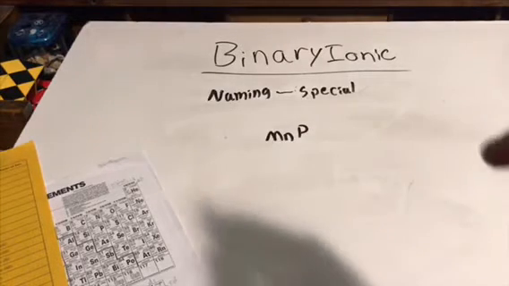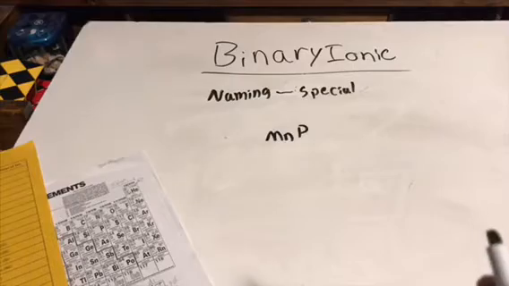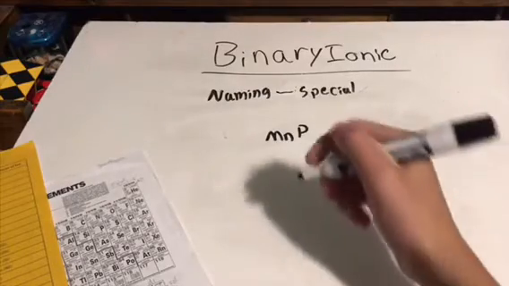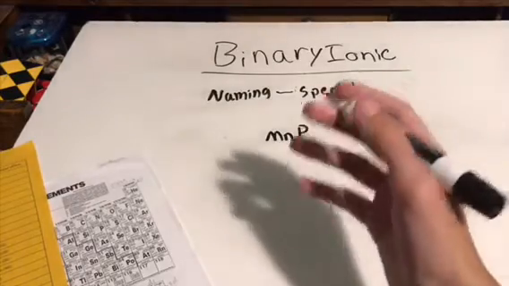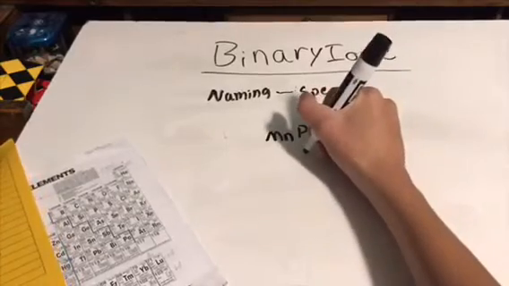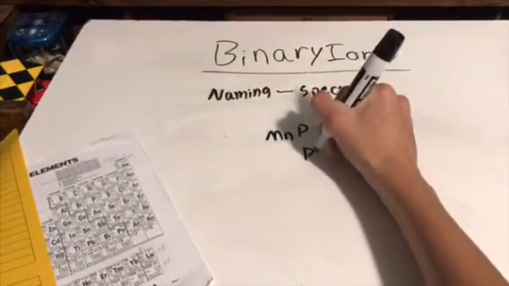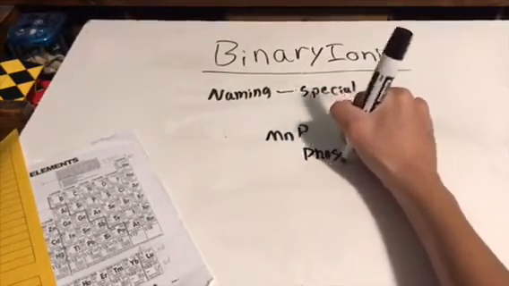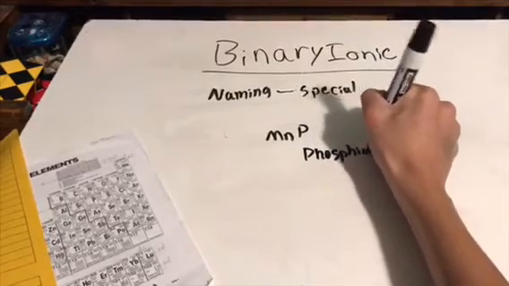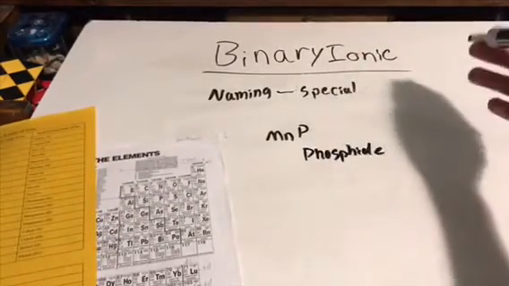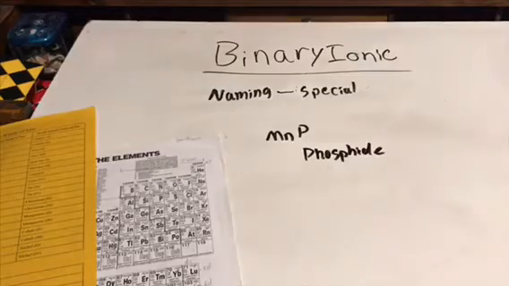Alright, remember, the second element is the same as what you would do with the last naming. It would just be phosphide. This would be phosphorus minus the ending plus "ide."